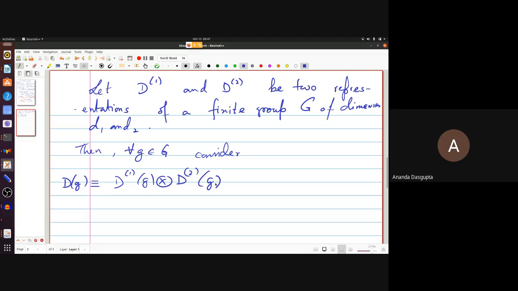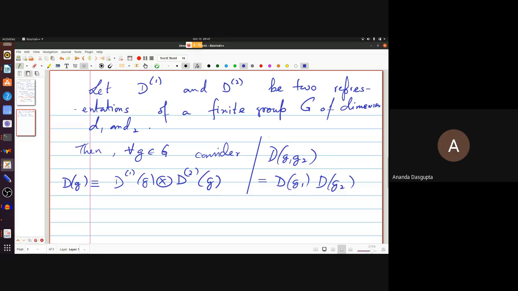You just take the matrix corresponding to g in the representation D1, you take the matrix corresponding to g in the representation D2, find the direct product, and then you get a new matrix. And it's trivial to show that D(g1 g2) will be D(g1) D(g2).